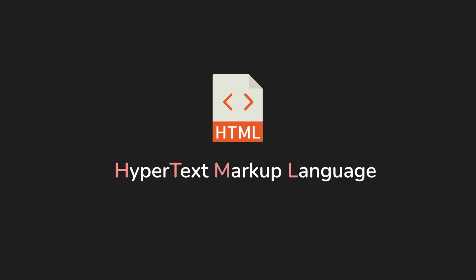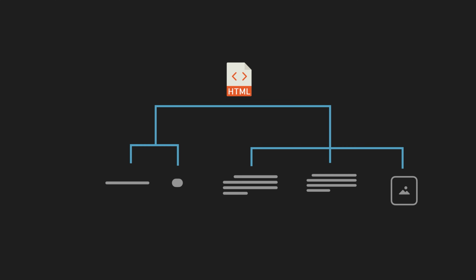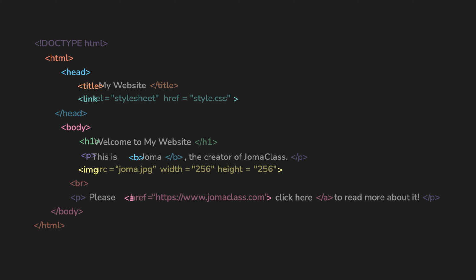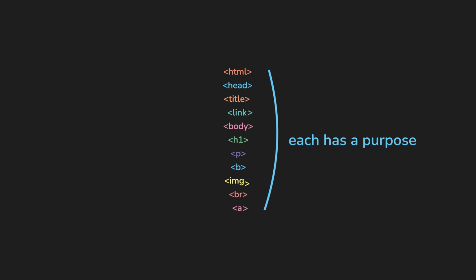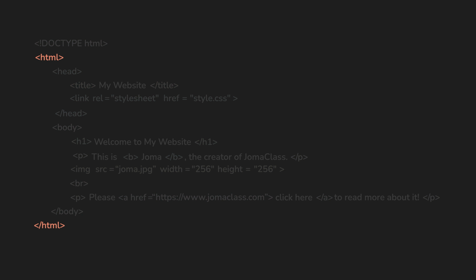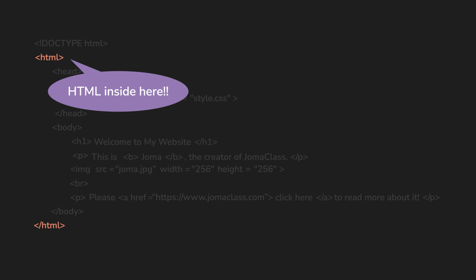So now let's get back to HTML. The Hypertext Markup Language is a type of markup language that is used for creating and structuring web pages. It contains many predefined tags. Each one has a specific purpose and defines a different HTML element. For instance, the HTML tag tells the browser to interpret what's inside of it as HTML elements.